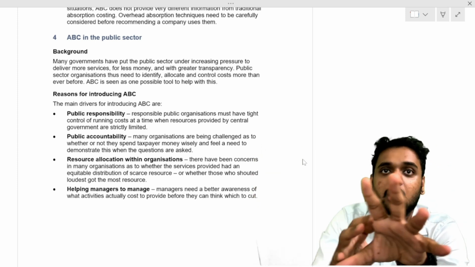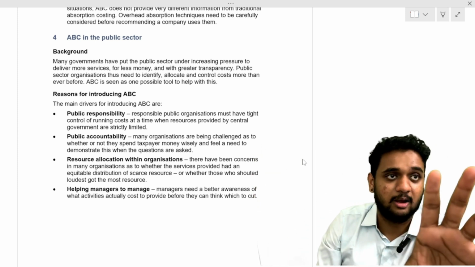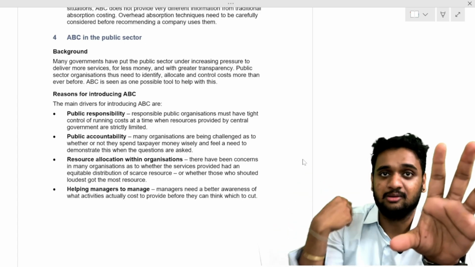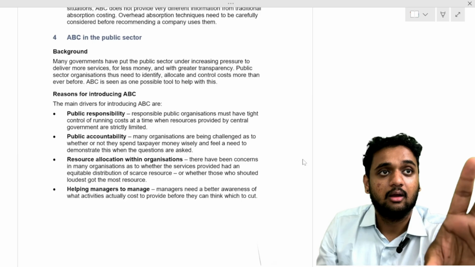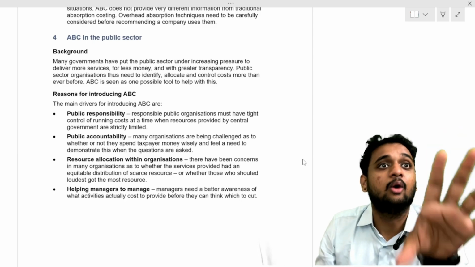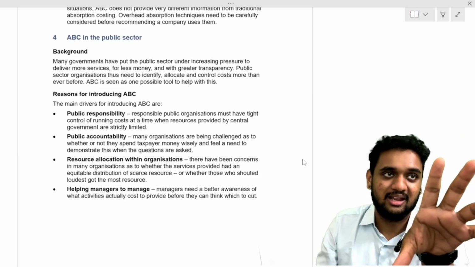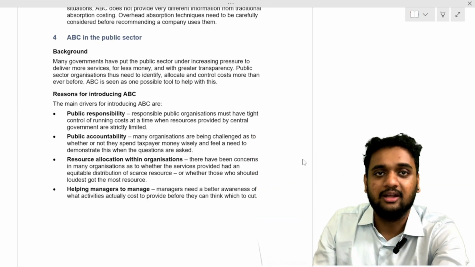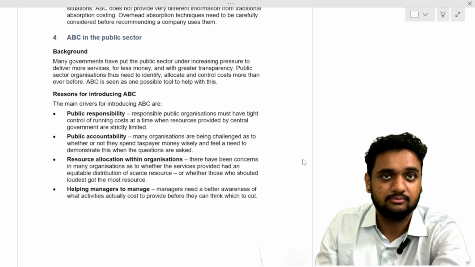Departments working back end will be allocated fewer resources, because of the smaller number of public they deal with. That is normally what they'll do. But technically how should it be done? Based on the cost incurred, based on the cost rate only, resources should be allocated. No. Just because they're dealing with more public, it doesn't mean that more resources should be allocated to them.